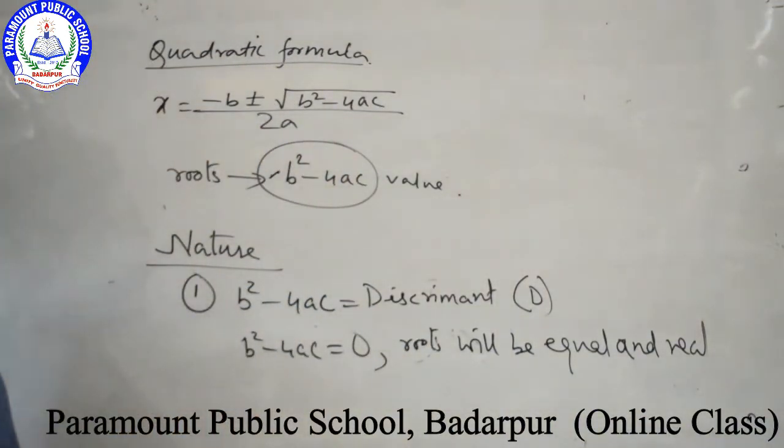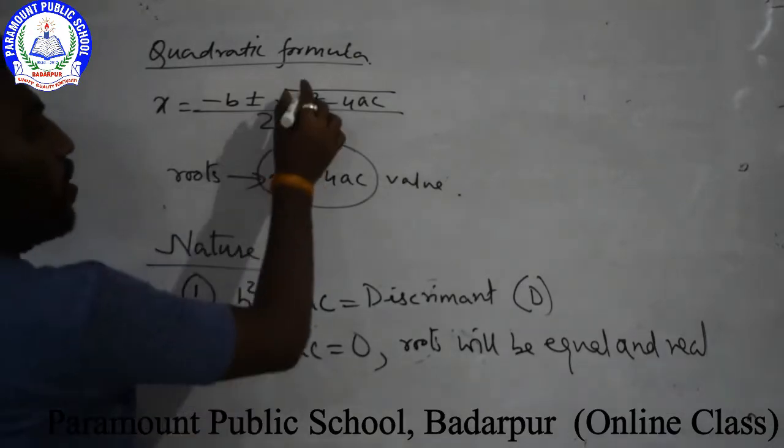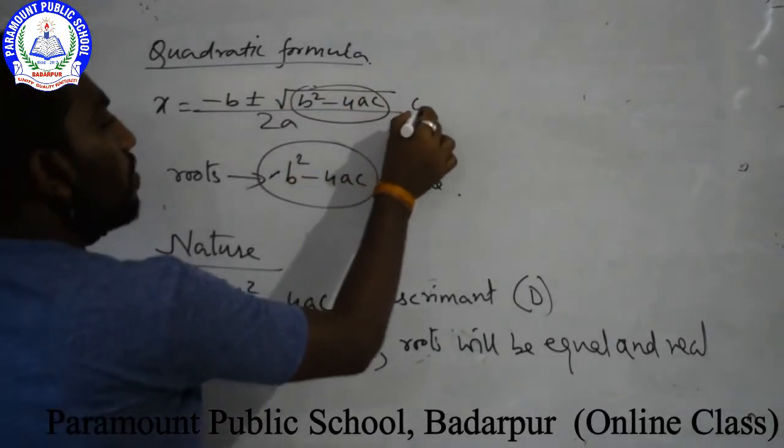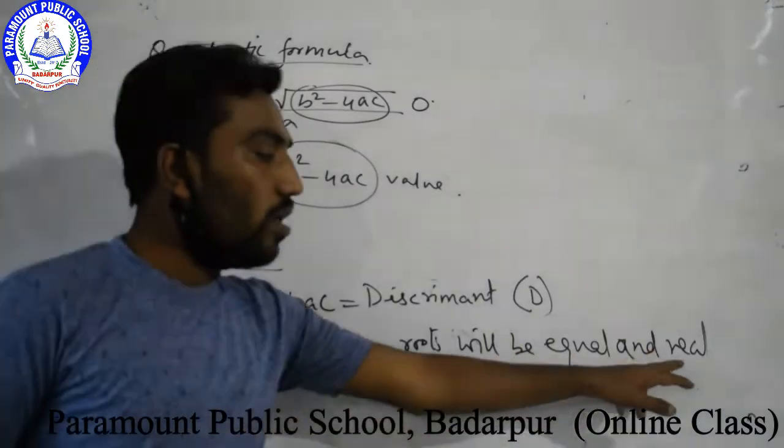So whenever we will get b square minus 4ac value as 0, means our this part becomes 0, then the type of roots we will get is equal and real.